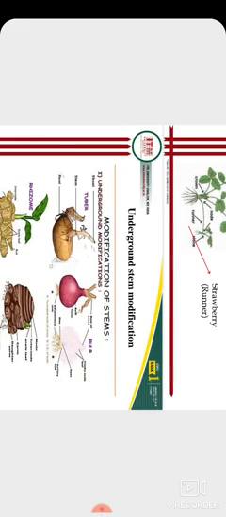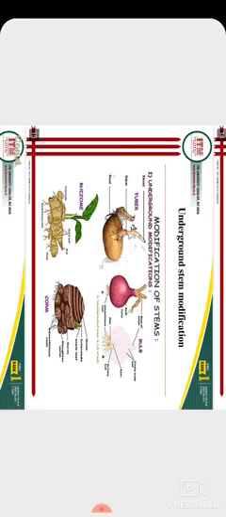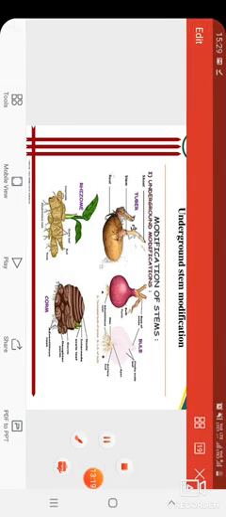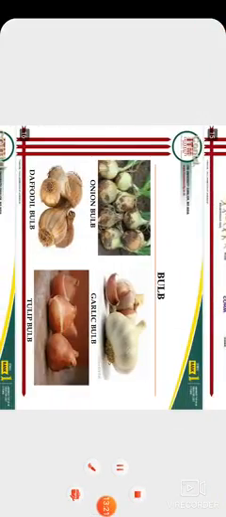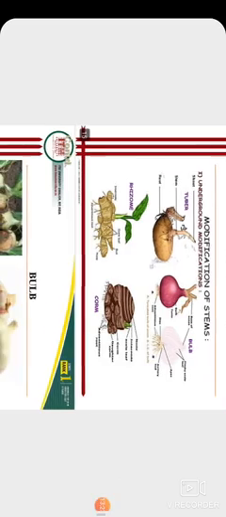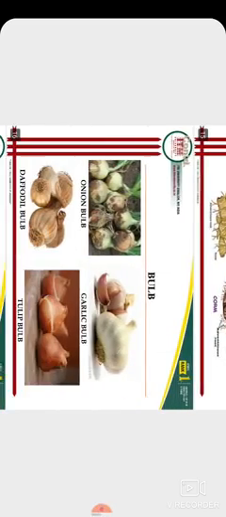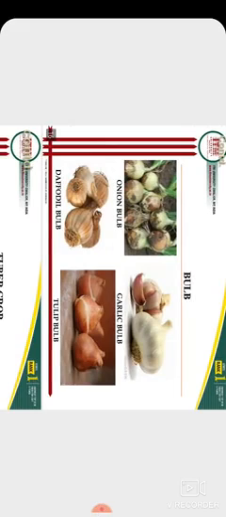Third one is underground stem modification: tuber, rhizome, bulb, corm. Some examples of bulb are onion bulb, daffodil bulb, tulip bulb and garlic bulb.